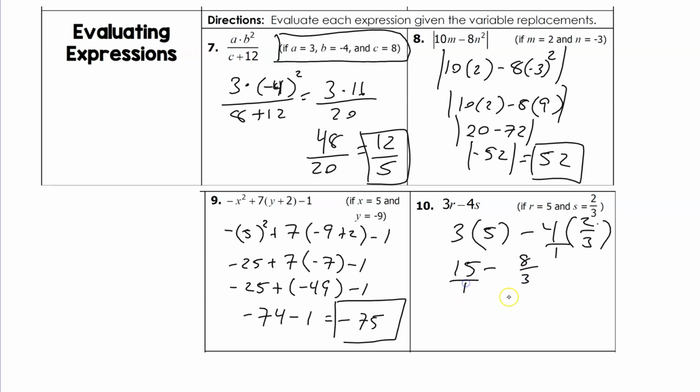Well, we know this is 1, so we just multiply everything by 3, right? So this will give us 45 over 3 minus 8 over 3. 45 minus 8 is 37 over 3. And that's it. We're done.